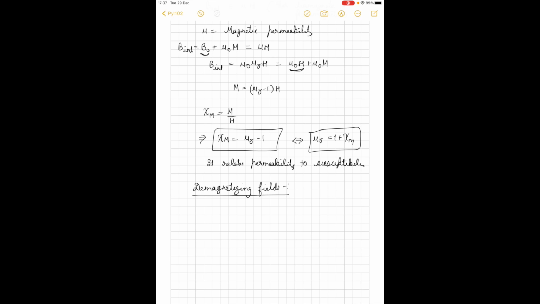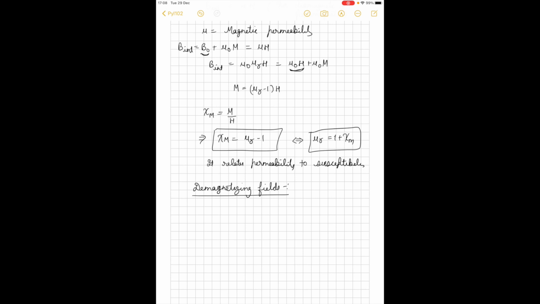Okay, so for example for a diamagnetic and paramagnetic material, the magnetizing field, remember we were saying that we were not differentiating between the inside field of a paramagnetic or diamagnetic material and the applied field, the capital H, the applied magnetizing field.